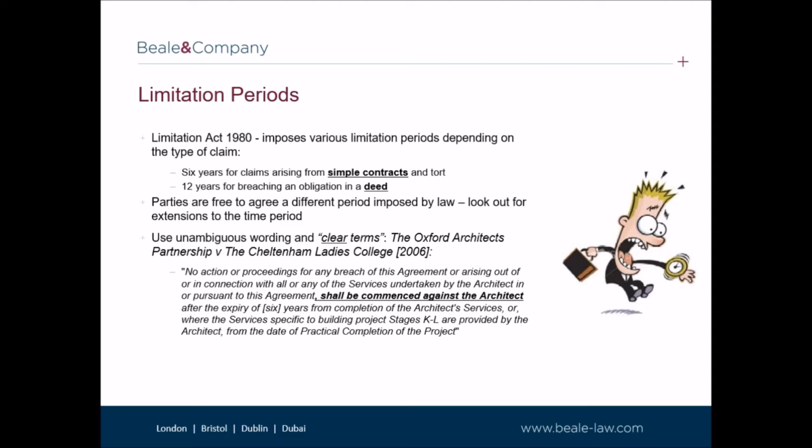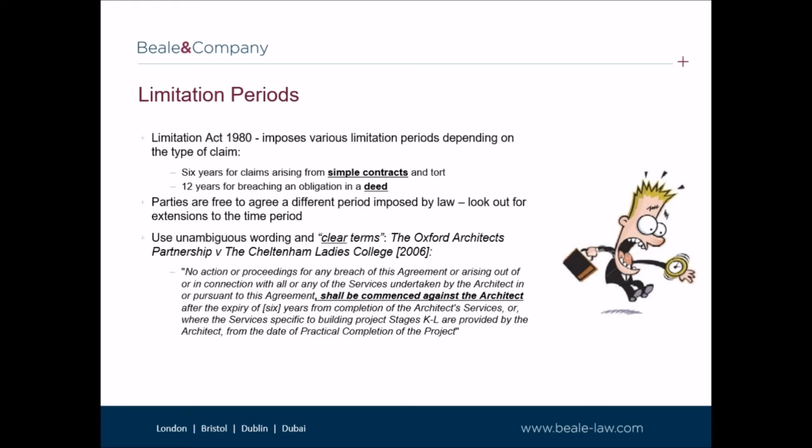The arbitrator held that the clause did extend the statutory limitation period, and therefore no such limitation defence could be raised. The architect appealed to the High Court, arguing that the clause did not override the statutory limitation period, but operated alongside it as a parallel contractual limit.